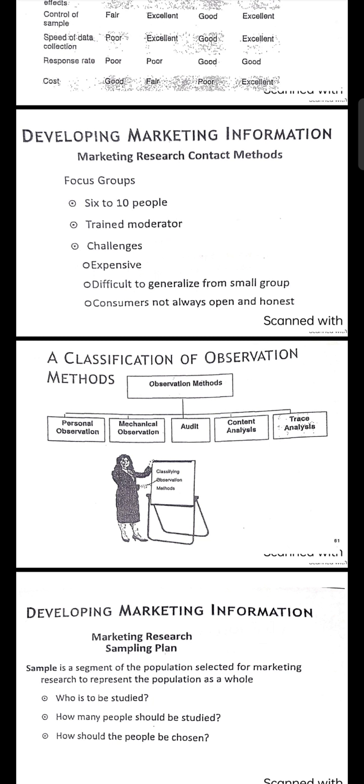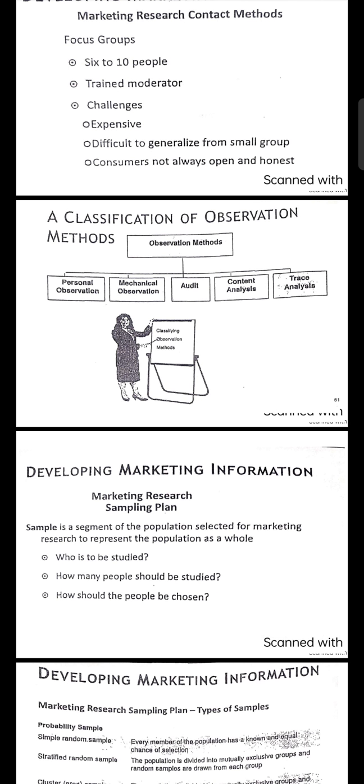Next one, a classification of observation methods. Observation method consists of personal observation. I'll give an example. During my uni time, the lecturer asked us to do a personal observation, a survey of the traffic flow of a certain street.